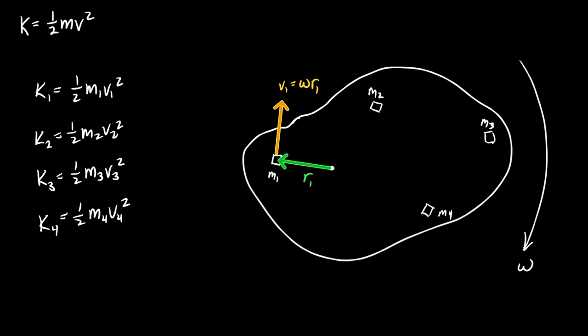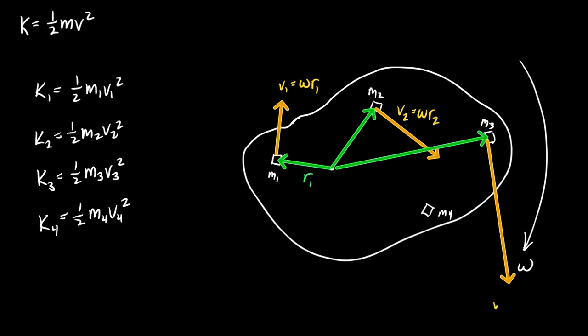In fact, let's go on. Piece M2. It's got a little more velocity, so it's a little further away. Right? This is v2, which is going to be omega times r2. Now, piece 3, it's way out there. I think this is the fastest piece. So it's got the longest value of r. So it's going faster than probably all the other ones.